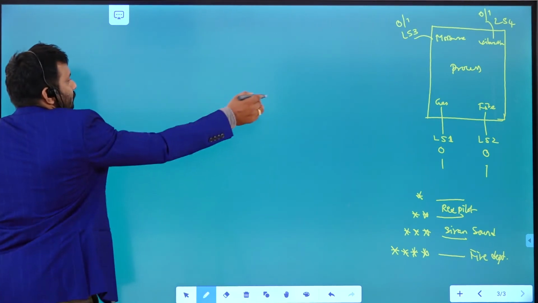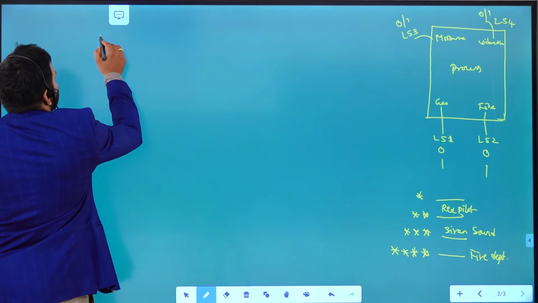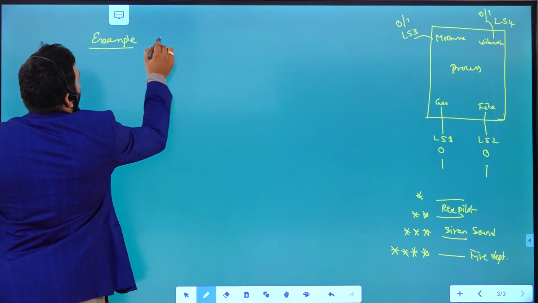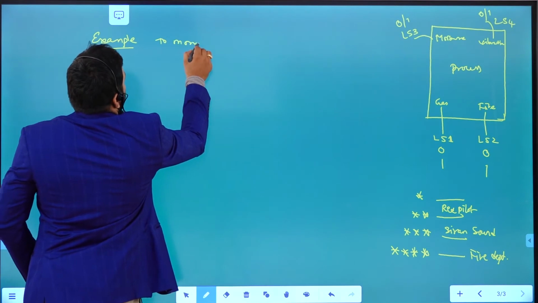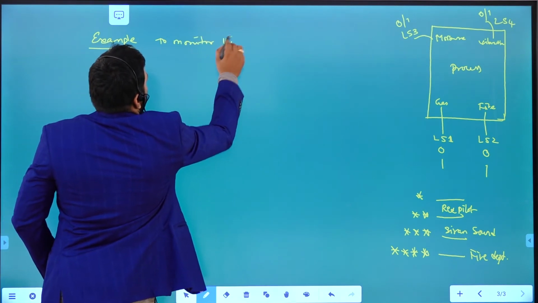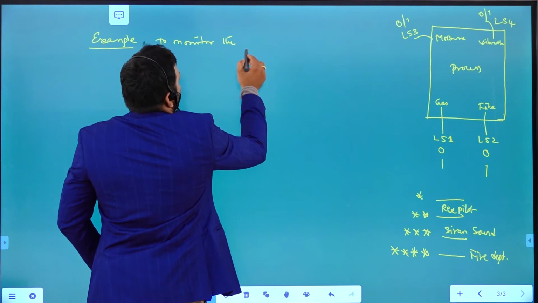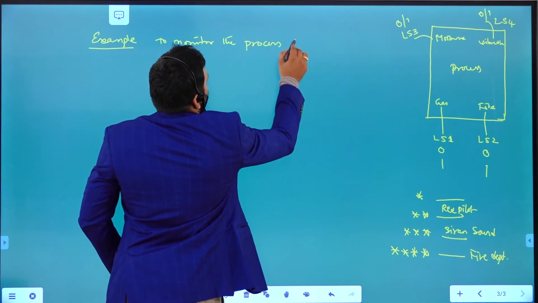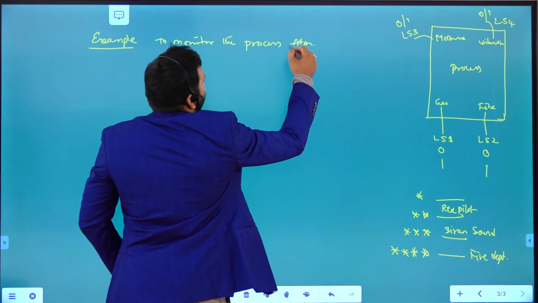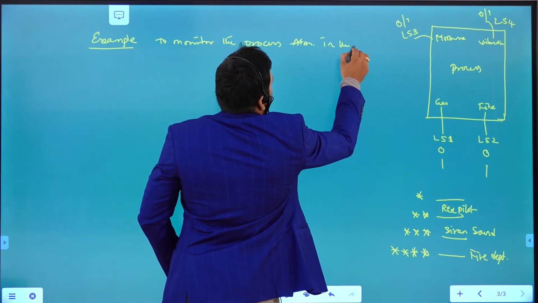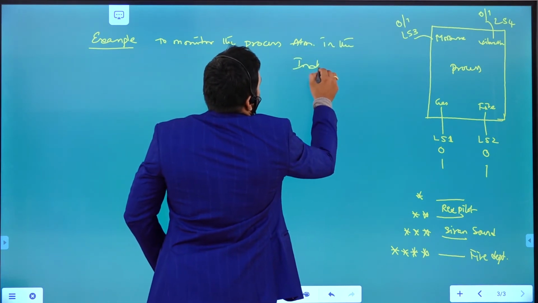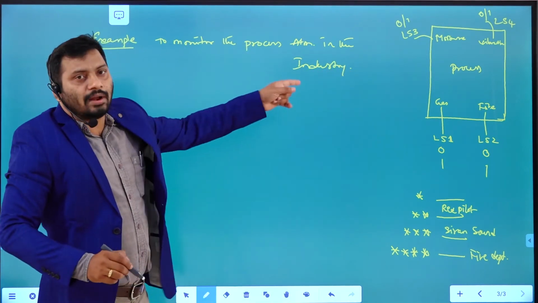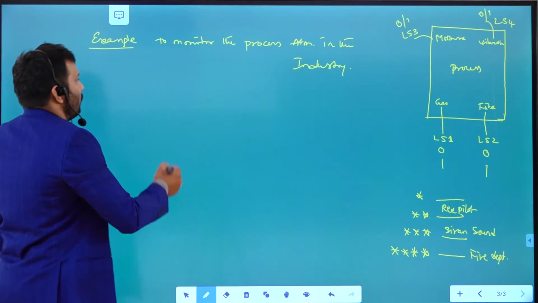So this is another example to monitor the process atmosphere in the industry, right? In industry, looking at the parameters, we are planning 4 parameters.